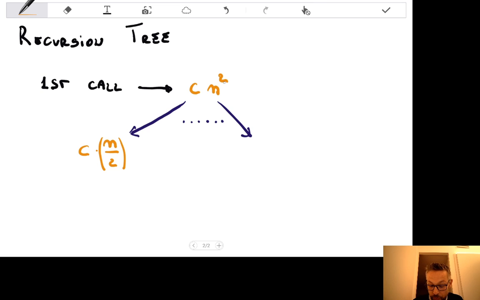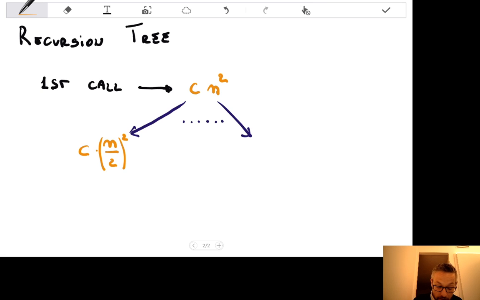And due to the equation, this would be multiplied by itself. So the complexity of the sums in the first depth of the recursion call would be n squared.